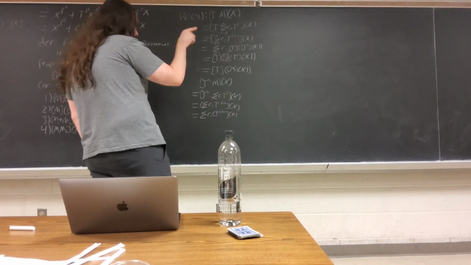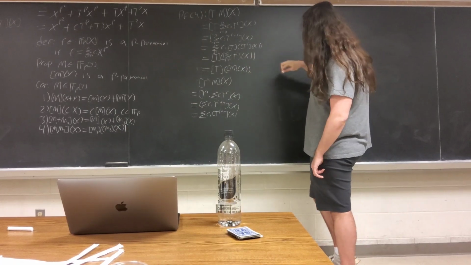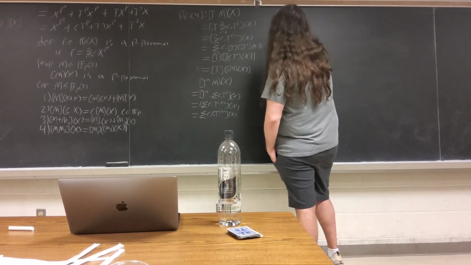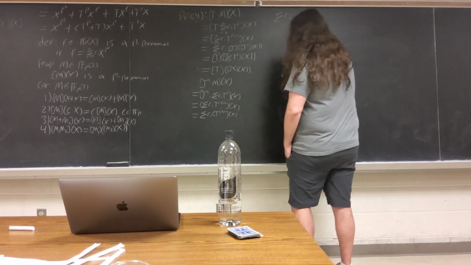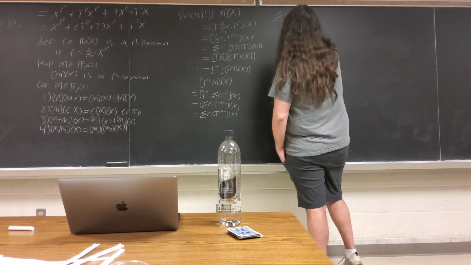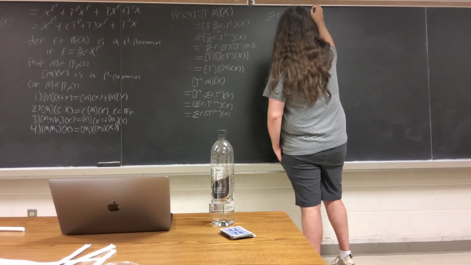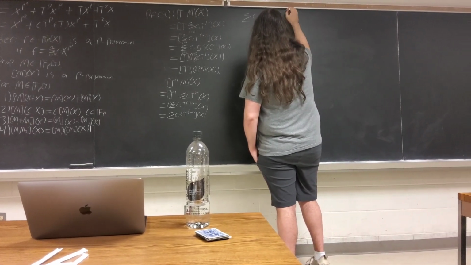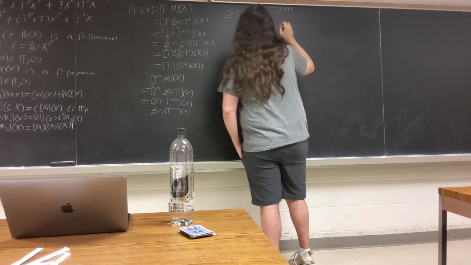Now, we just use this recursive thing again to write it as ci t evaluated at t to the I plus n minus 1 of x.